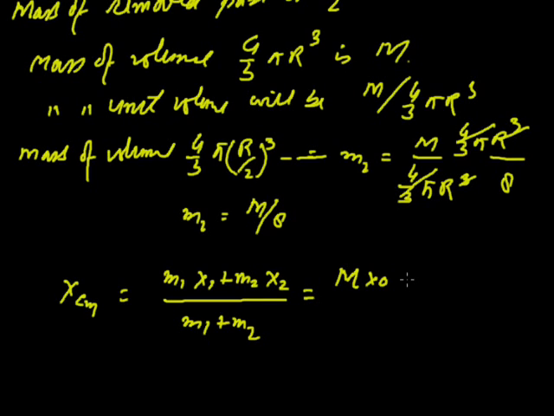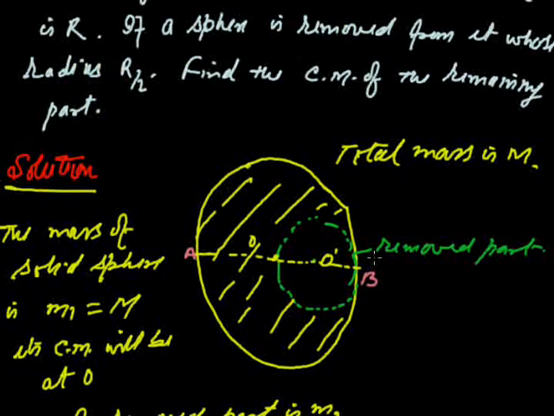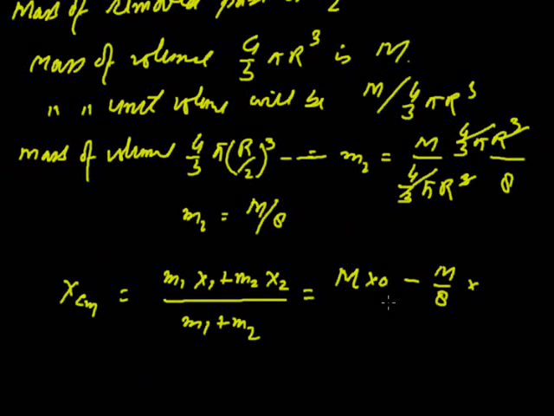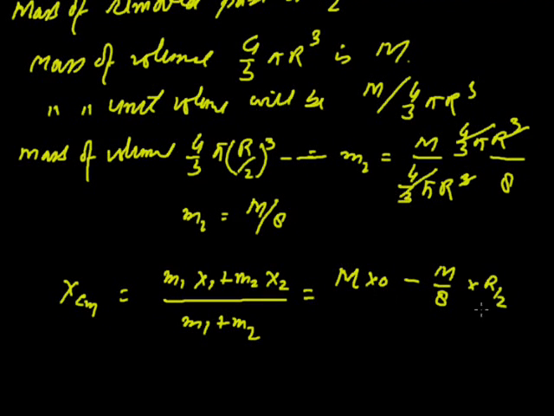m2 is removed, so it will be negative: minus m by 8, into the distance from the center O to this point. This distance will be r by 2. So we will write here r by 2. x2 is r by 2, divided by m1, which means M, and m2 is negative, that's m by 8.